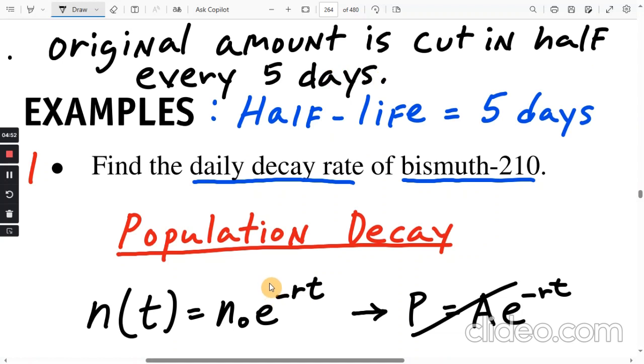I showed you that on the t-table. The original amount is cut in half every 5 days.